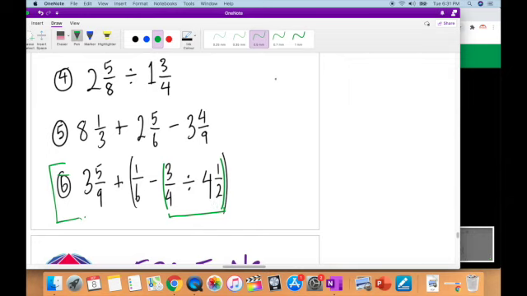So we'll have now 3 and 5 over 9 plus brackets 1 over 6 minus, and then we're going to handle this divide here. So 4 2s are 8 and 1 is 9. So this is really 9 on 2, this here.